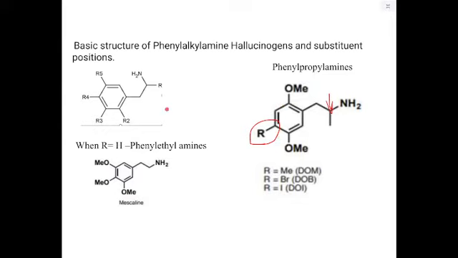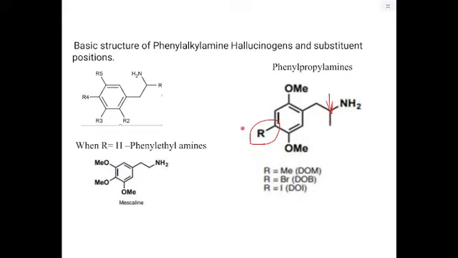So you can see the numbering and the substitution of the phenylethylamines differs a little bit from the phenylpropylamines, because for mescaline it is at positions 3, 4, 5, but here it is 2, 4, 5. So there's a slight difference in the positions of substitution.